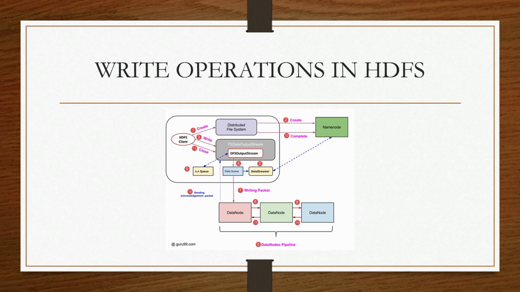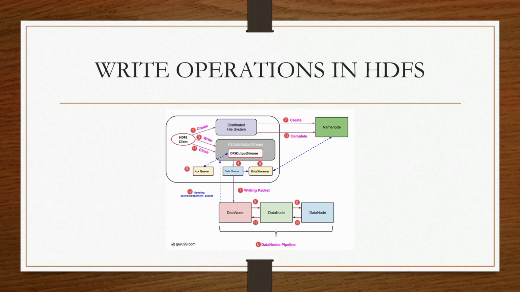Once the acknowledgement for a packet in the queue is received from all the DataNodes in the pipeline, it is removed from the ACK queue. In the event of any DataNode failure, the packets from this queue are used to reinstate the operation. Once the final acknowledgement is received, the NameNode is contacted to tell it that the file write operation is complete.